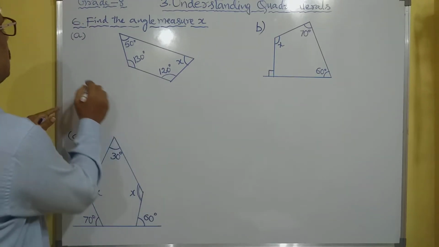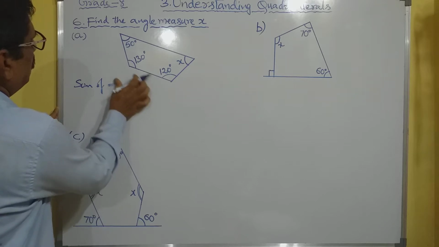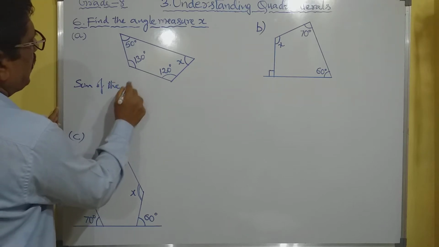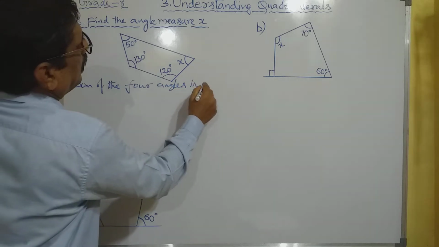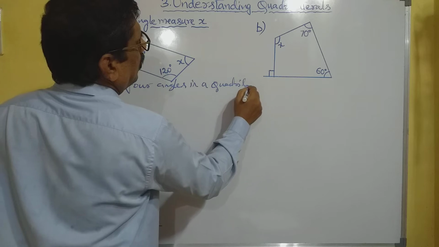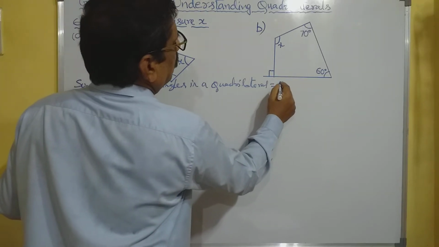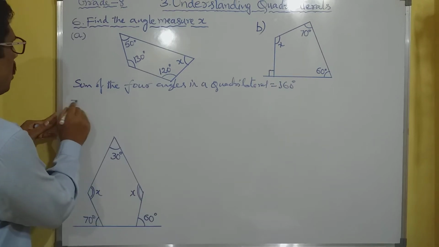We know that the sum of the four angles in a quadrilateral is equal to 360 degrees. So here what are the four angles?